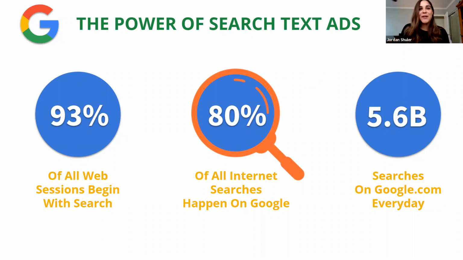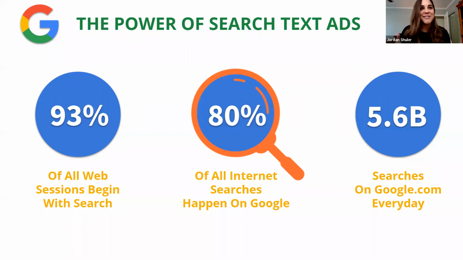So clearly we know that everyone's searching for something. Of all those searches happening on the internet, 80% are actually happening on Google, which is wonderful. That equates to about 5.6 billion searches on Google every single day. That's powerful, right? Clearly, this is where people's attention is at.